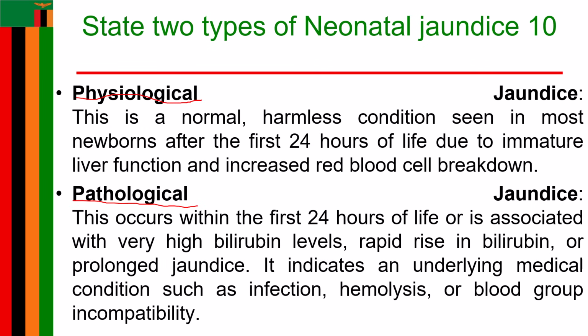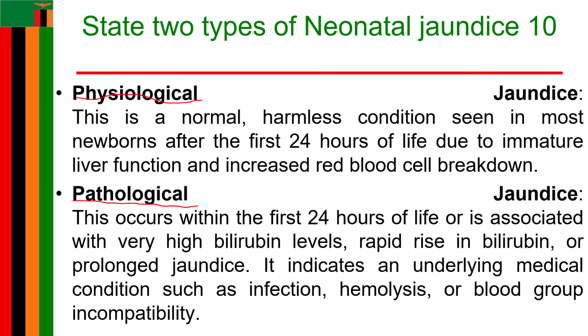Meaning that the liver will not handle that pressure of the breakdown and processing of the unconjugated bilirubin. At the end of the day, we end up seeing this physiological jaundice developing in a newborn baby because the liver is failing to handle the pressure of the breakdown of RBCs.